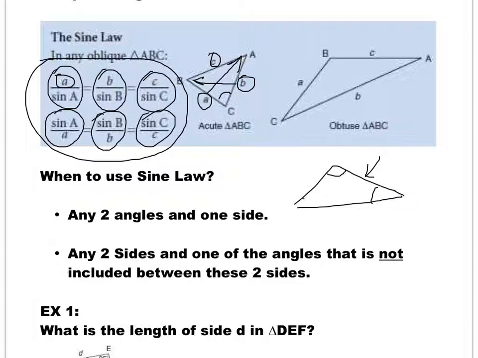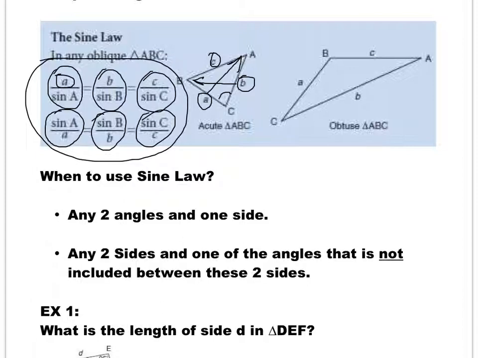I can use the fact that the sum of the angles inside the triangle is 180, so I can find this angle. Now I have this angle and the side in front of it, so I can write the sine ratio for this. And then I have this angle, and I can use the other side of the sine law to find this side, and the same to find this side. So I can solve the triangle.